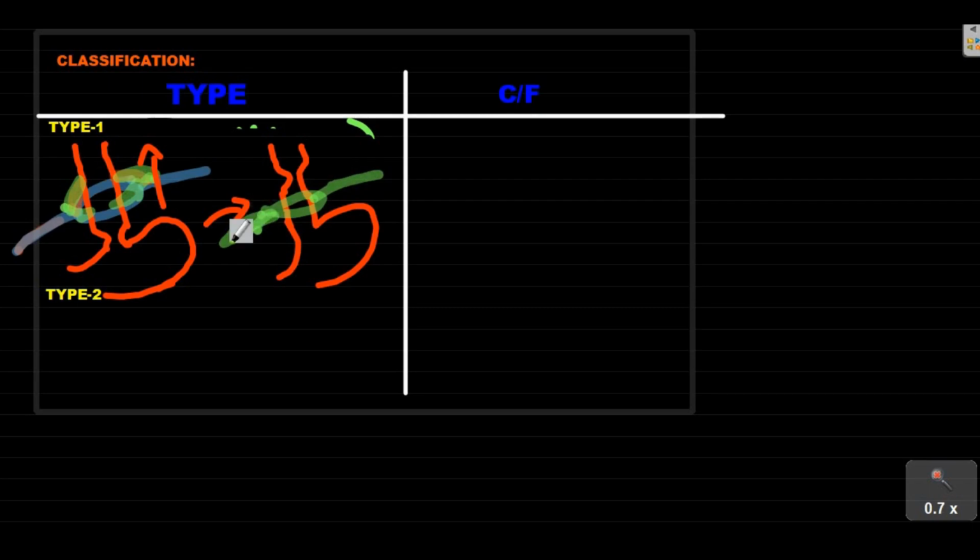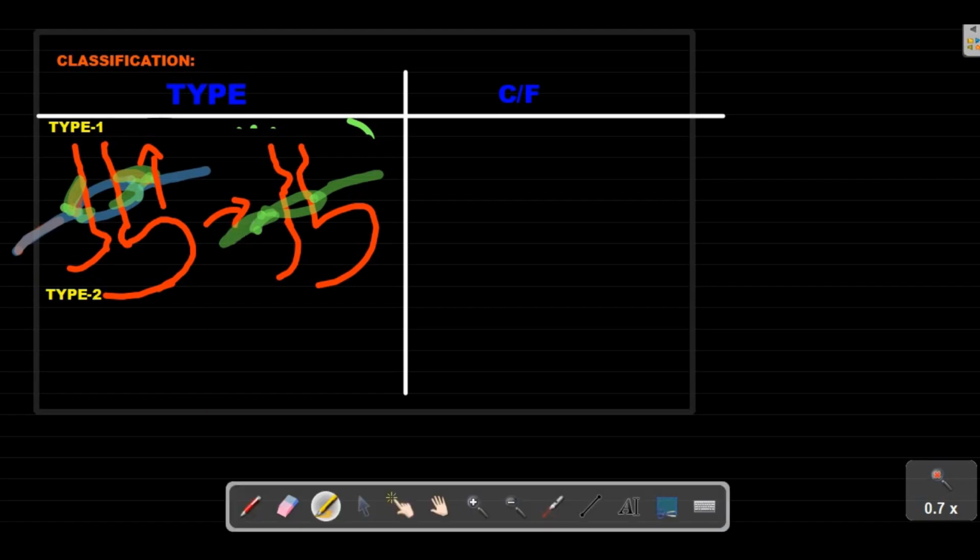And this would impair the normal anti-reflux mechanism, which we talked about. So this would allow the reflux of gastric content out. So clinically, it would present as something which is similar to GERD.